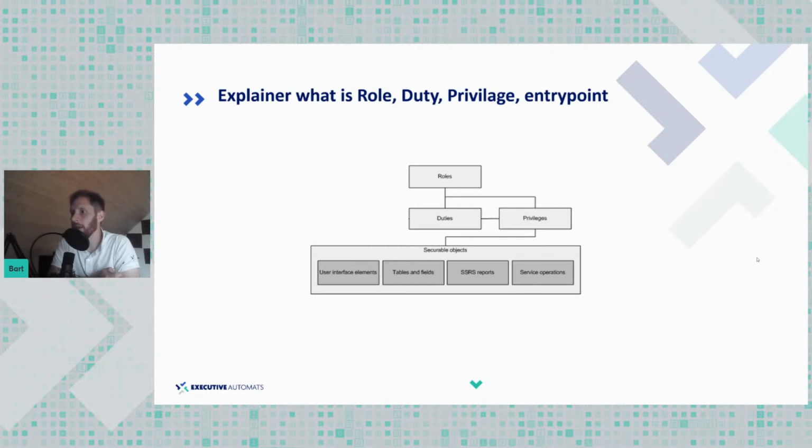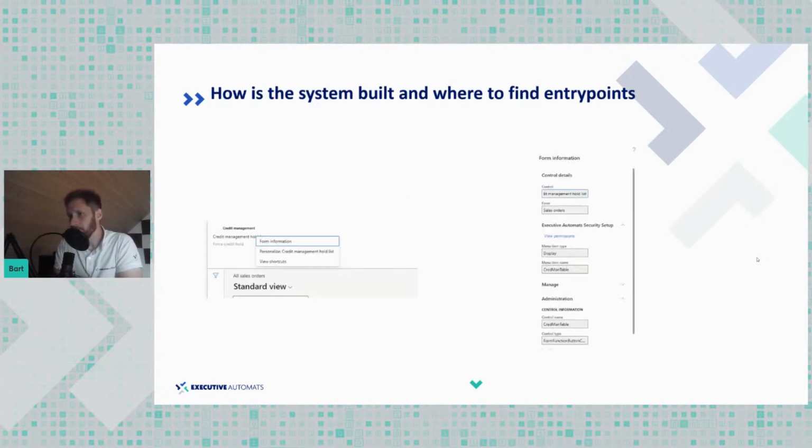So we can say entry points. This is the keyword for user interface elements: behind every button, behind everything that you have in the system, there is an entry point hidden. If you take a look at the system itself and right-click on the form information, you will see that these elements have an exact control name, and there is something like an entry point.